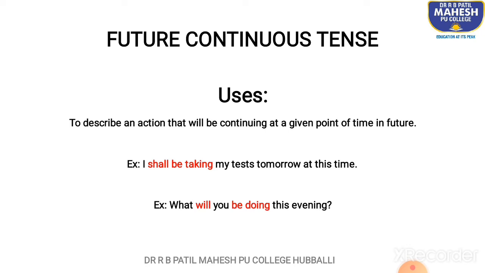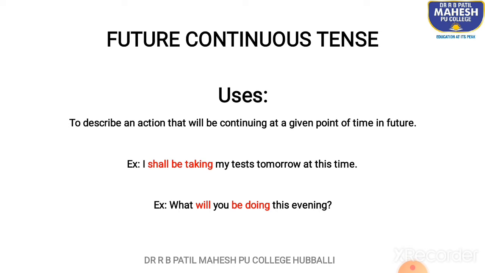Another example is an interrogative sentence which speaks of future continuous tense. What will you be doing this evening? So we frame interrogative sentences as well in the future continuous tense when we want to know about a particular action or something that we are thinking of in the future.